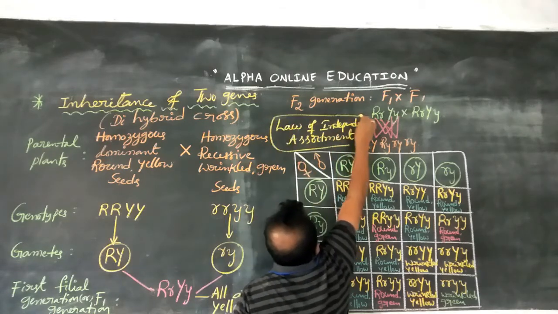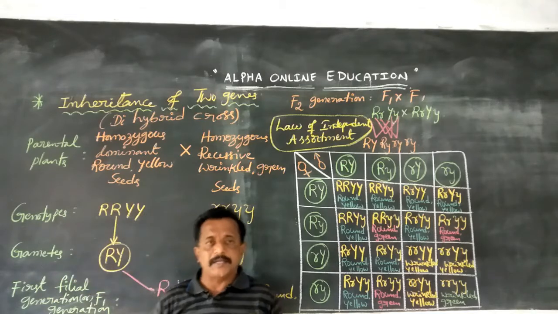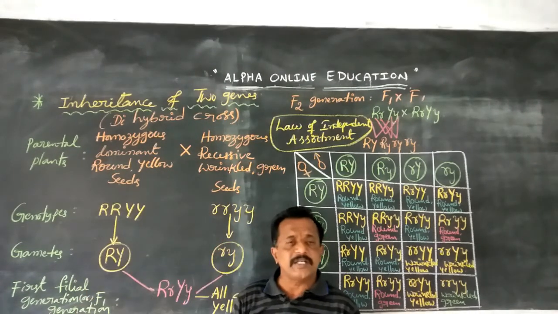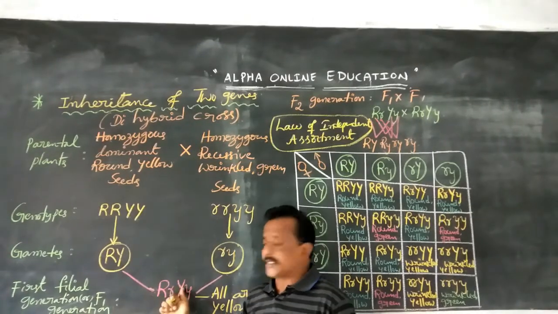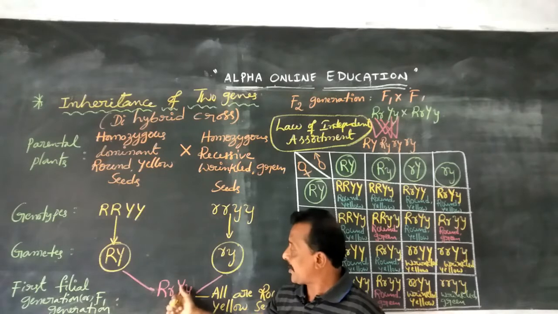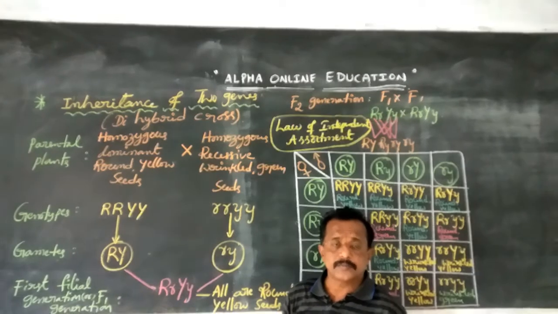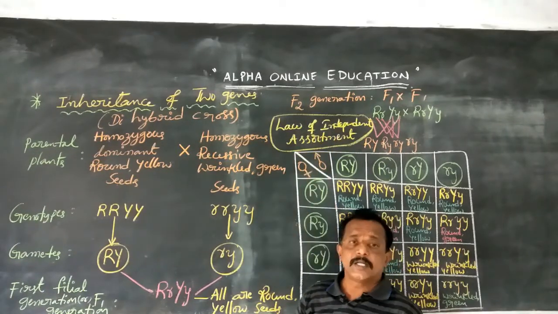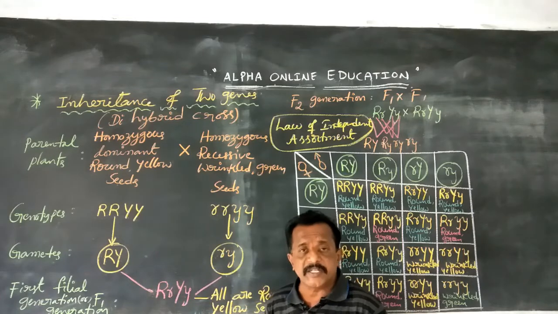What is the law of independent assortment? In the first filial generation, two pairs of traits are combined, one pair being capital Y, small y, and the other pair being R, r. The law of independent assortment is applicable in the dihybrid cross of the first filial generation.